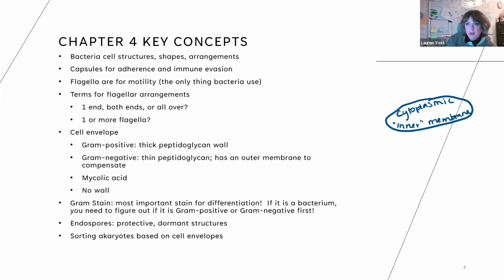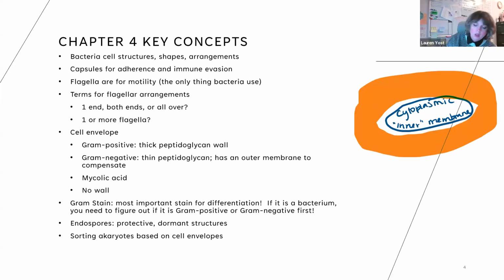There's our cytoplasmic or inner membrane. And then many of our cells also have a cell wall. Let's make it orange. If you look like this, we have an inner membrane and a really thick cell wall.